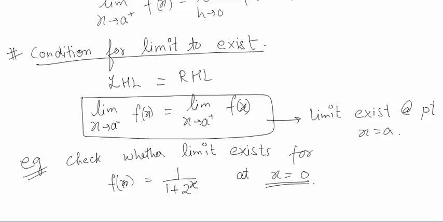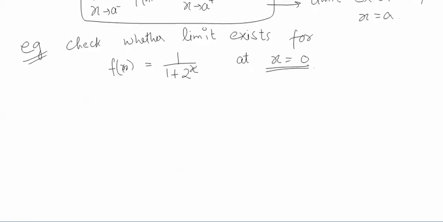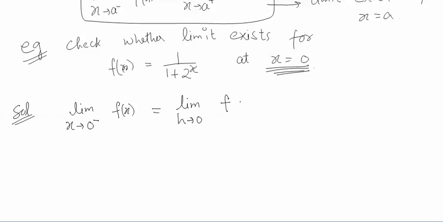Now we have to check whether the limit exists for this particular function. For existence, we know that the left hand limit should be equal to the right hand limit. So let us say limit x tends to 0 minus of f(x), because the value is 0 now, is limit h tends to 0 of f of 0 minus h.